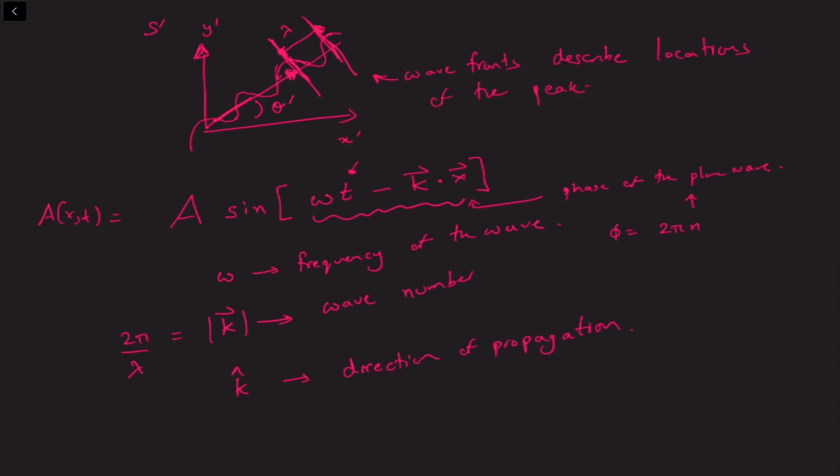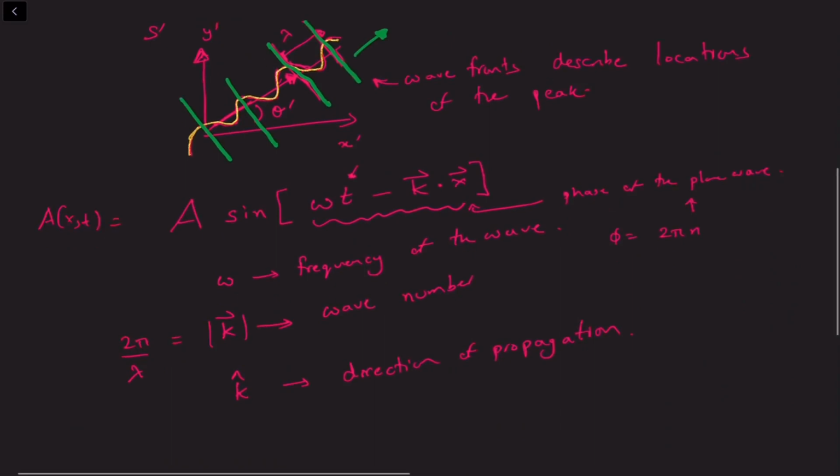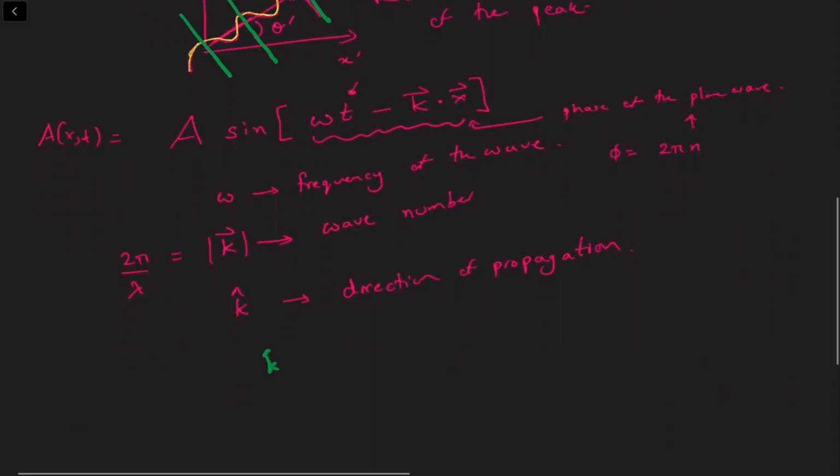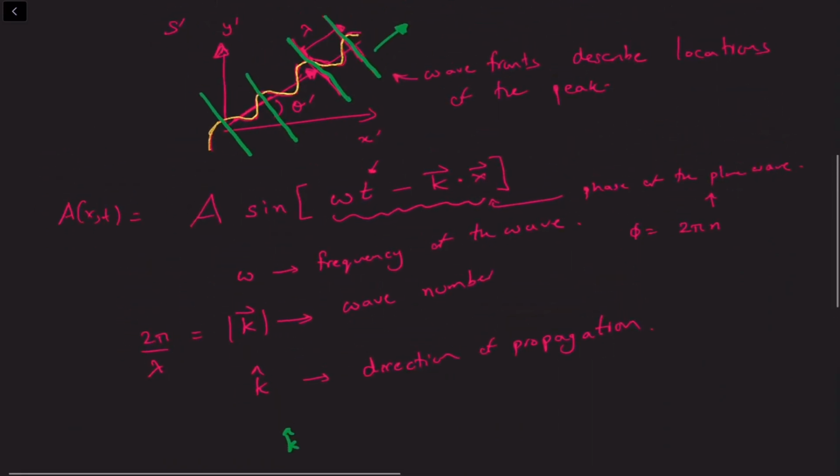For clarity, let me draw the wave in yellow, and let me sketch the wavefronts in green. So this represents a series of wavefronts, and let's imagine that the wave is propagating in this direction. You can easily see that k hat is just the unit vector in this direction.